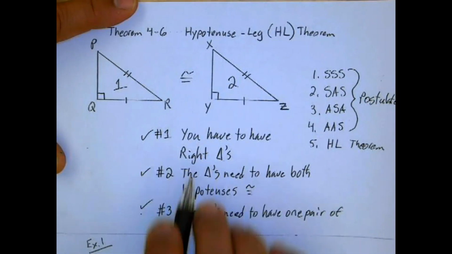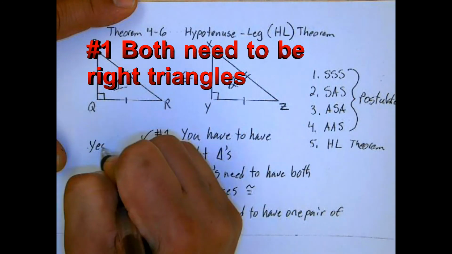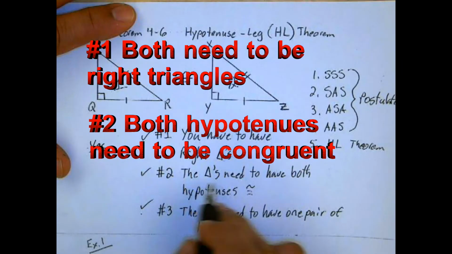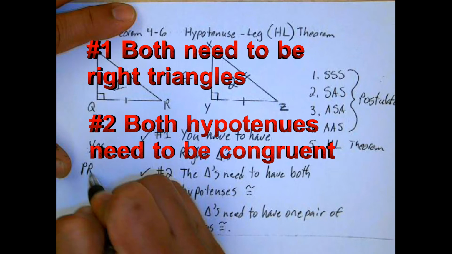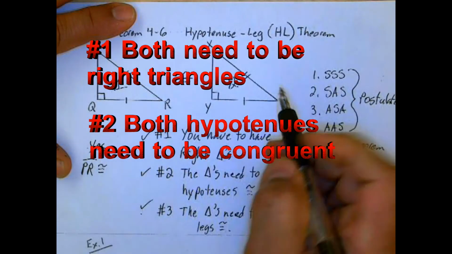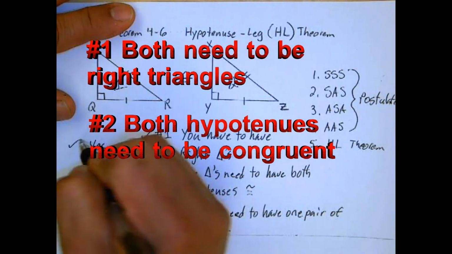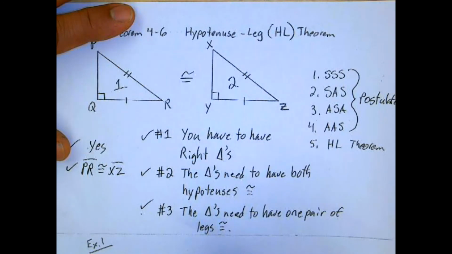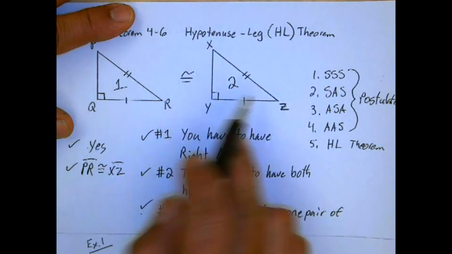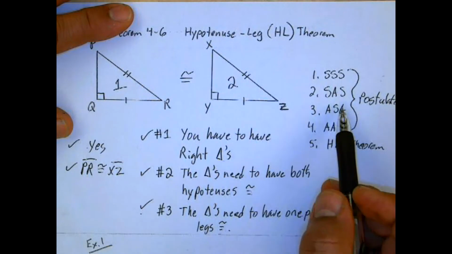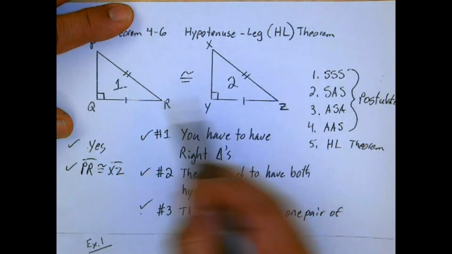So what are the things that we're looking for? Are both of these triangles right triangles? Yes. Okay? The triangles need to have both hypotenuses congruent. So we have PR is congruent to XZ. And so both of those are checked off. Remember, you need to have at least 3 things in both triangles to be congruent and to be able to use any of these 5 shortcuts to prove that they are congruent.